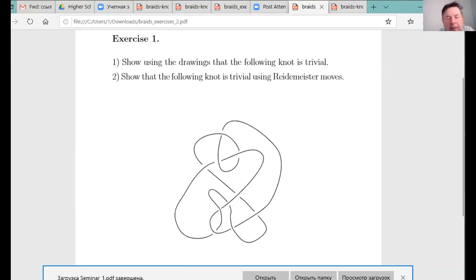But to use Reidemeister moves, you should also have in mind that you can freely make isotopy of your picture if you don't change the type of the diagram.